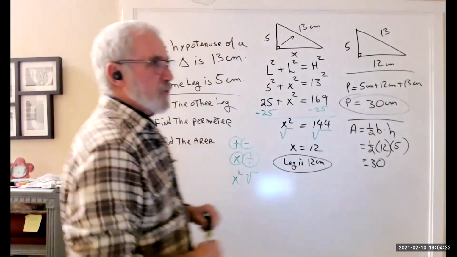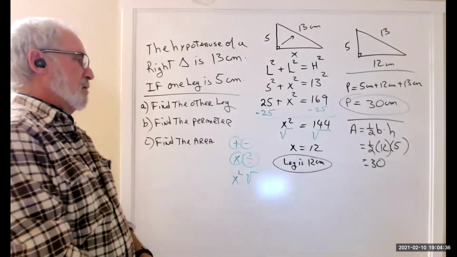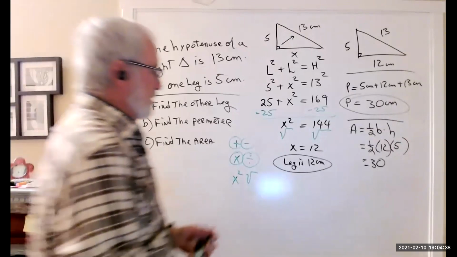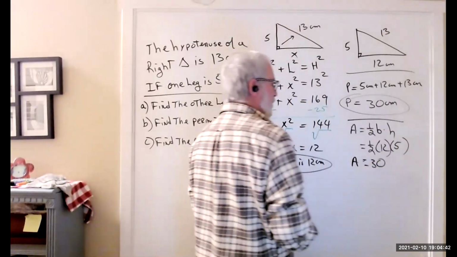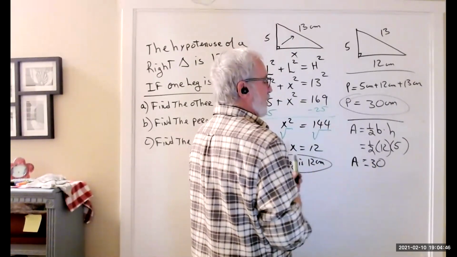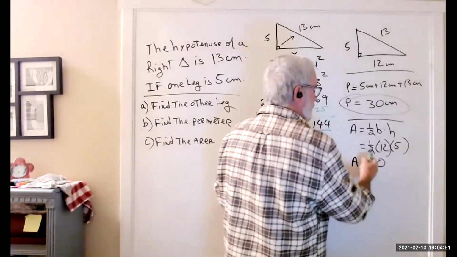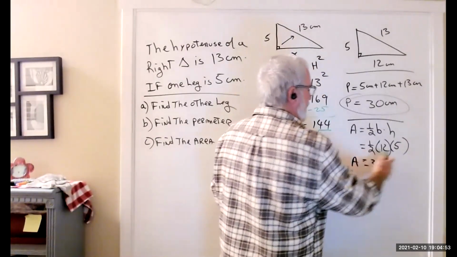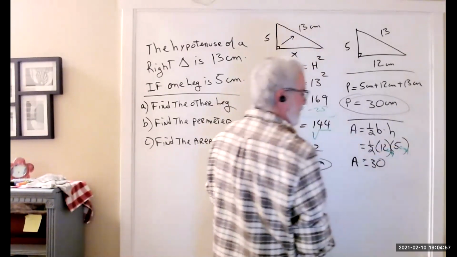That's wrong. If you write down 30, you do not get full credit. 30 what? 30 centimeters squared. Which one of these was centimeters? The half was not a centimeter, but this was a centimeter, and this was a centimeter.